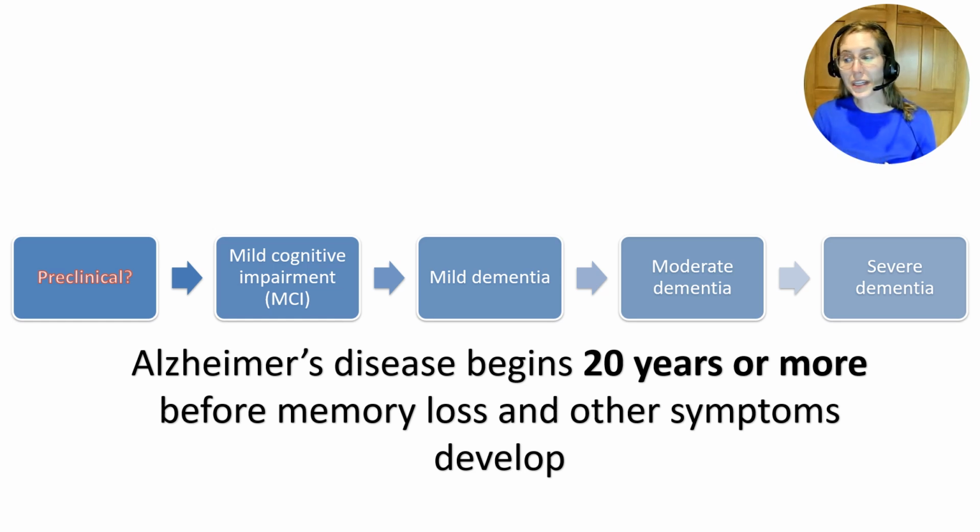So this is really important because this indicates that there is a substantial window of time to intervene on the progression of Alzheimer's disease as it progresses toward dementia. And so understanding this, and understanding that there are modifiable risk factors for Alzheimer's dementia and that you can strategically reduce those risk factors, can significantly impact someone's future risk for Alzheimer's.